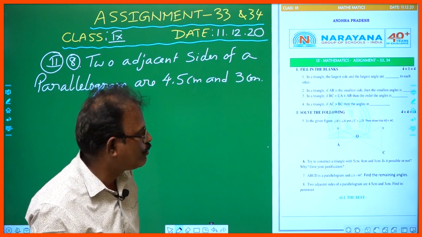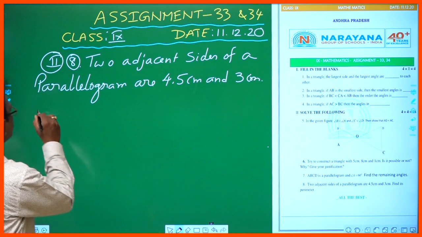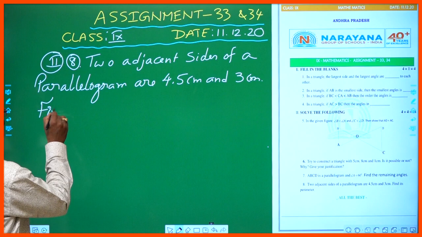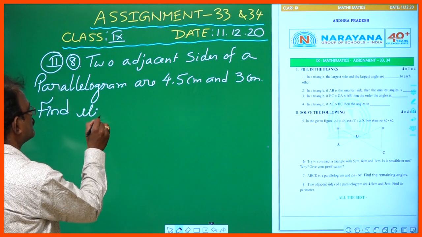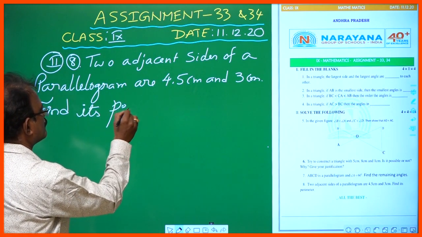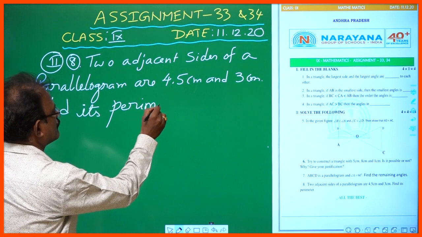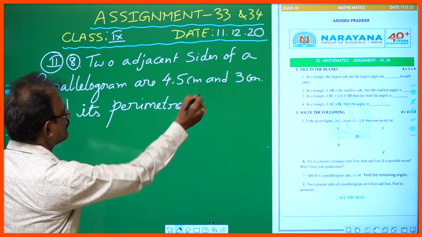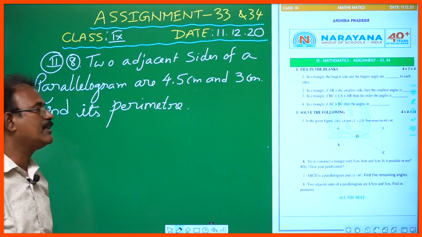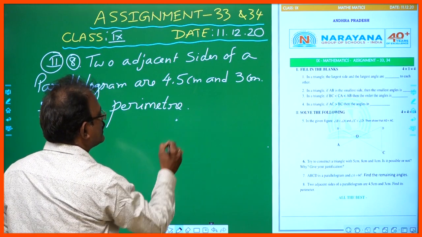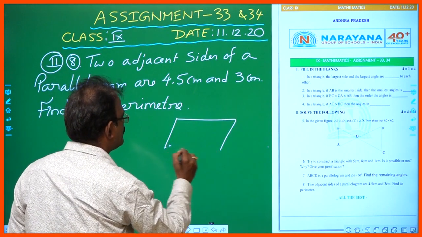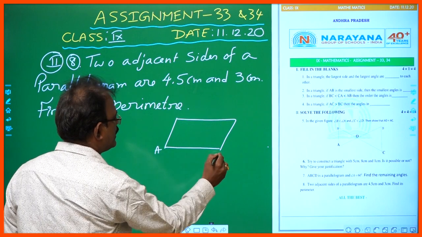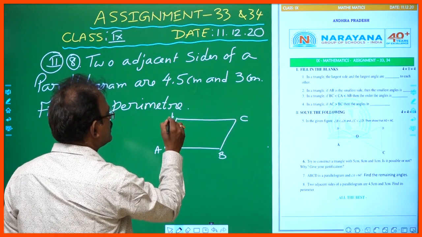If it is so, find its perimeter. So let us see the diagram of parallelogram ABCD.